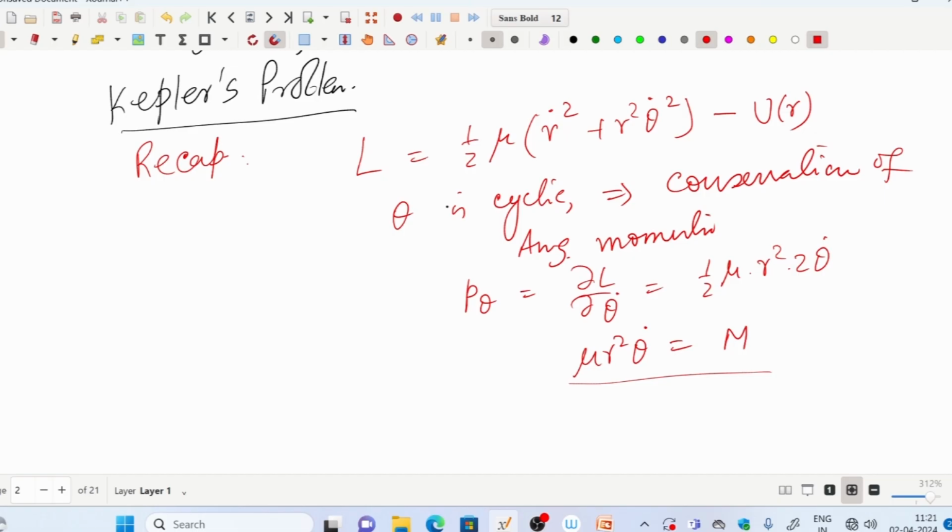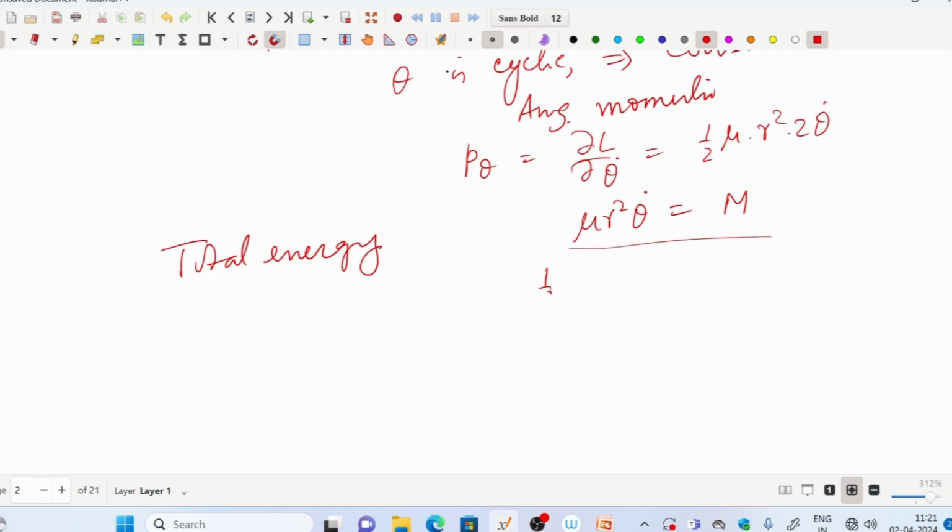Let me get back to that expression. The total energy was half mu r dot squared plus M squared over 2 mu r squared plus the potential energy U of r.